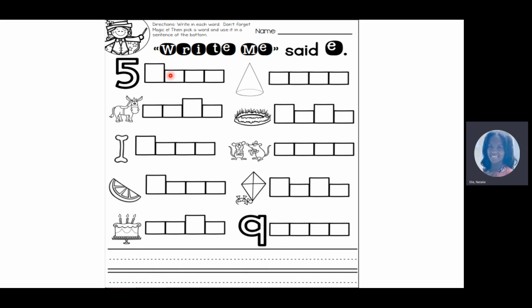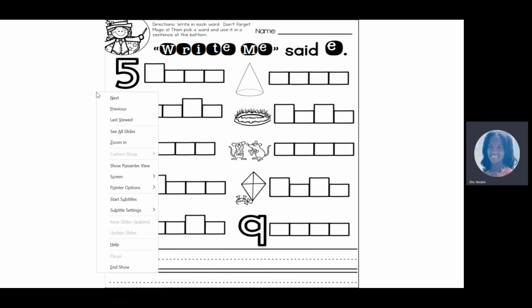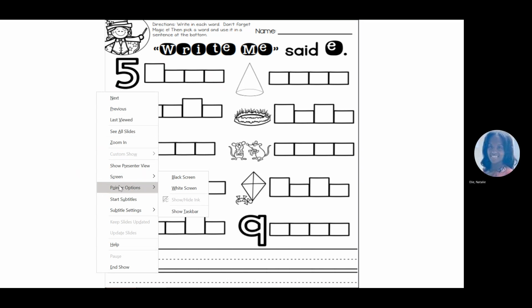I only heard 3 sounds, but there are 4 boxes, 1, 2, 3, 4. That is because that last box is for the magic E that we cannot hear. Remember, the magic E does not make a sound.